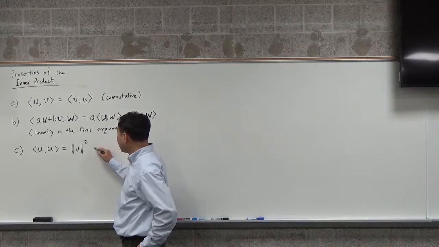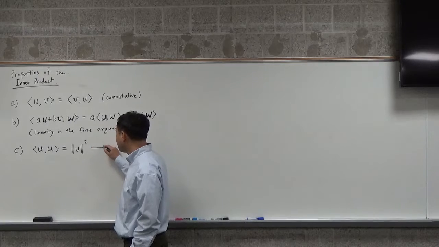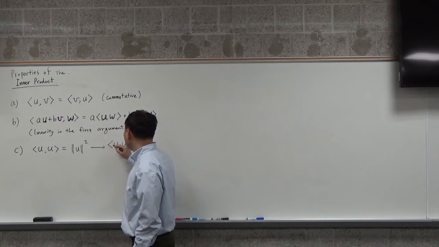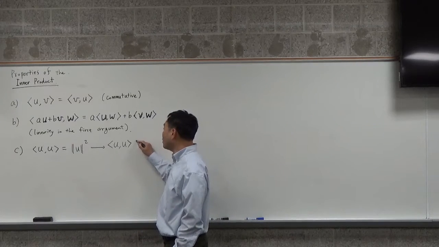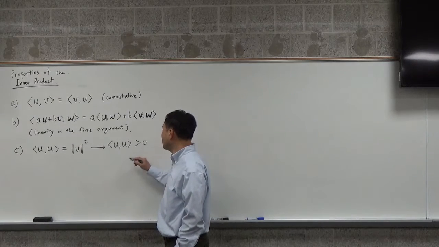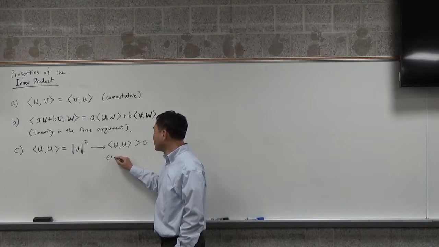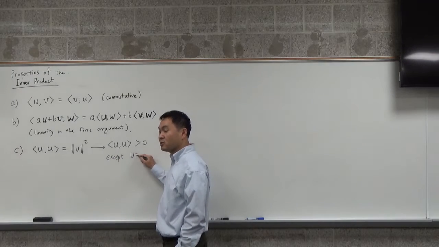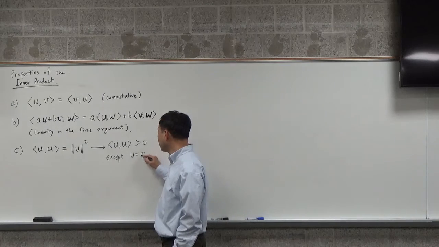What this is saying is that this implies that u dot u is always greater than 0, except when u is 0.